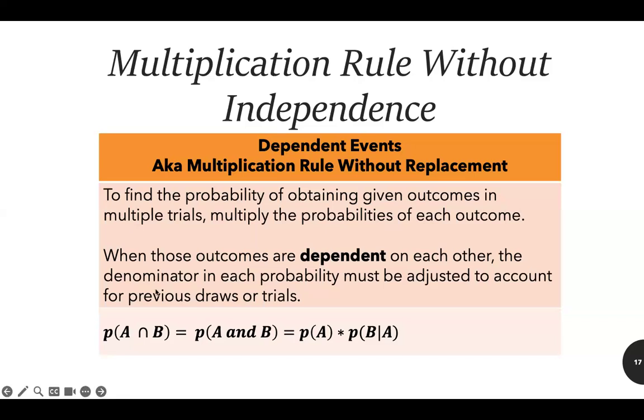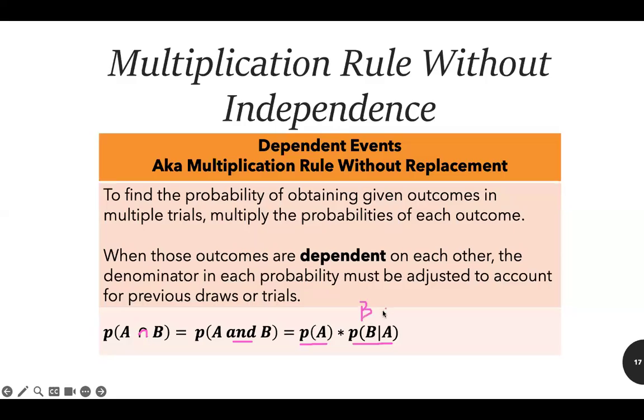So in this formula, you can see that the probability of A and B, and that upside down U is our "and", so you can also see it as this. The probability of A and B is, in this case, the probability of A, and then the probability of B given what happened with A. So this B given A, that's what this is saying.